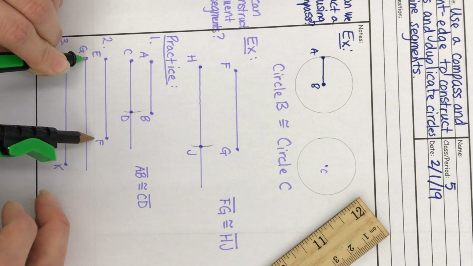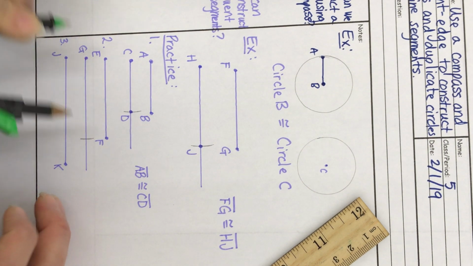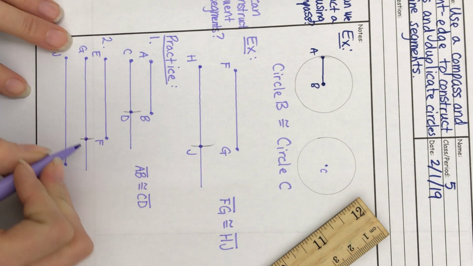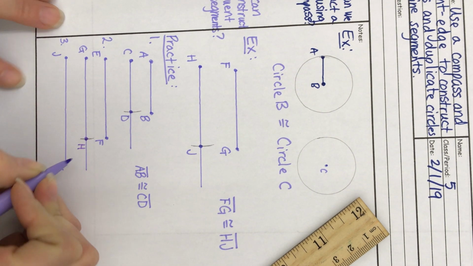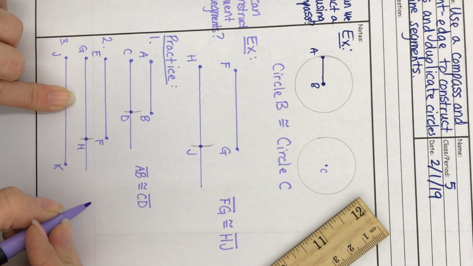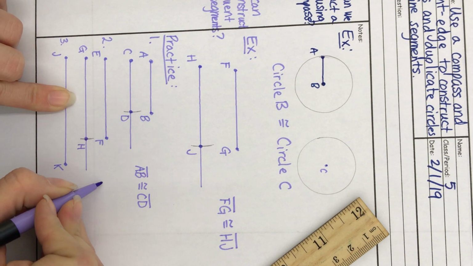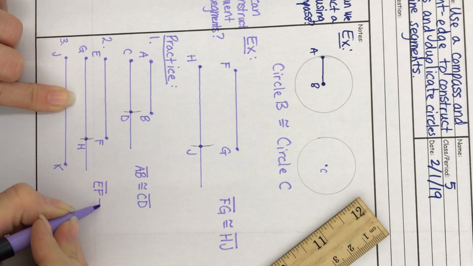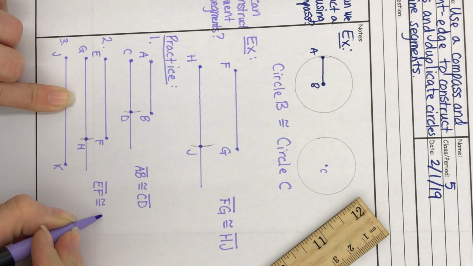And I'm going to arc my line. Okay. I'm going to put an endpoint here. I'm going to call this H. Now we can write our congruent statement. We can say that line segment EF is congruent to line segment GH.